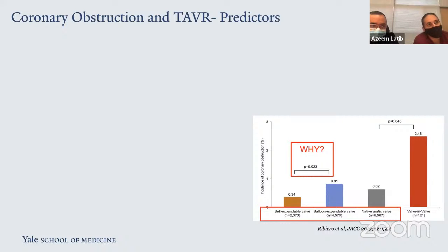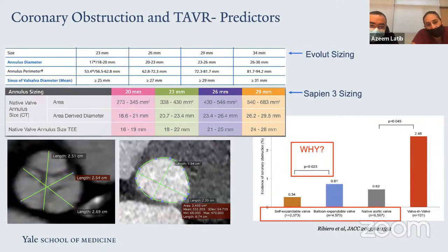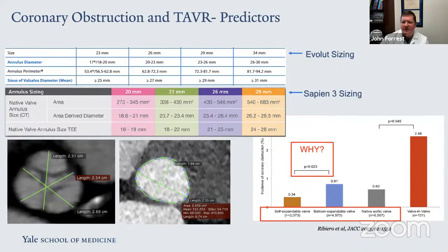I think the balloon pushes and crushes the annulus and moves all the calcium around, which might influence this issue of coronary obstruction. Yeah, I think certainly it's possible, although I suspect it's not the case.